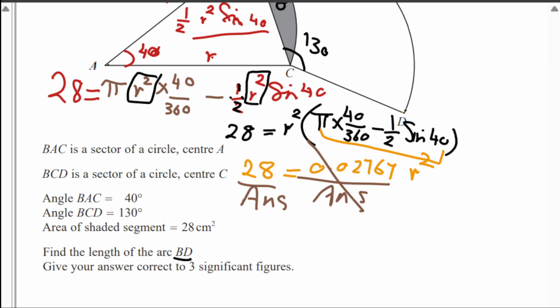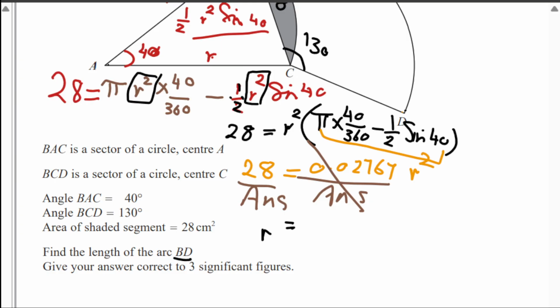In your calculator, you already have it in answer, so just do 28 divided by answer. That gave me a very big number. It gave me r squared equals 1011.851. I don't get scared. I'll just do square root answer. So that gives me r, because I want r, not r squared.